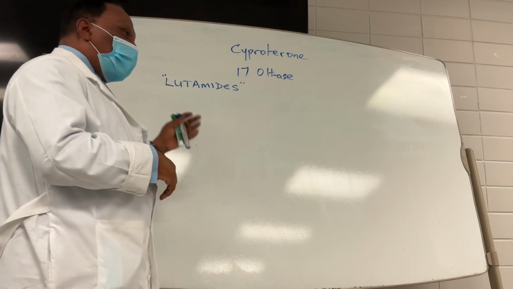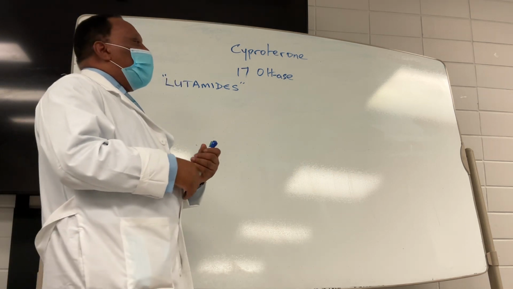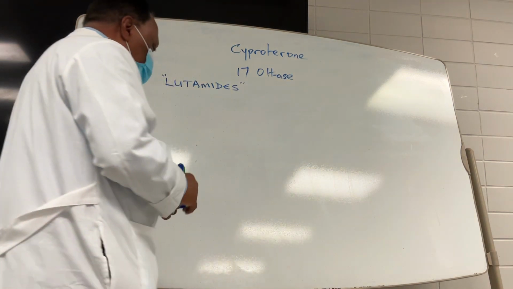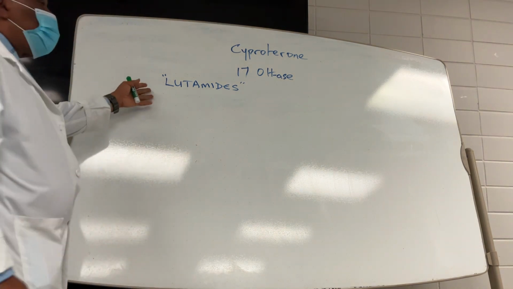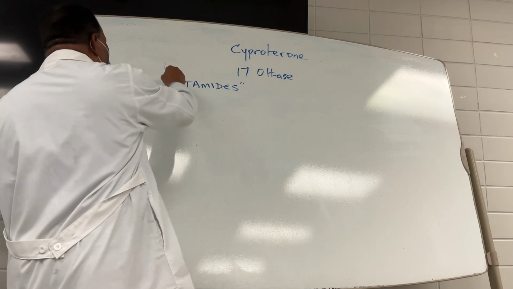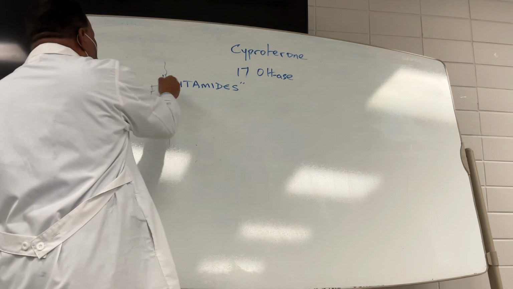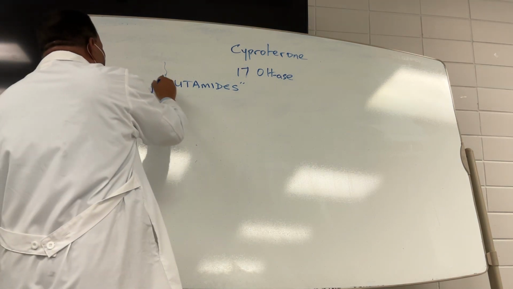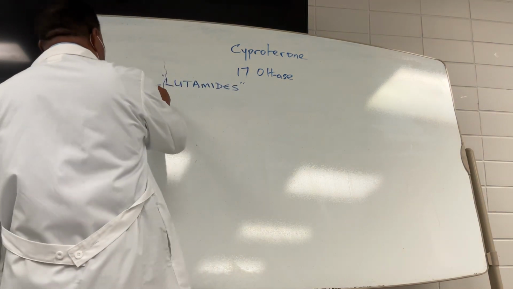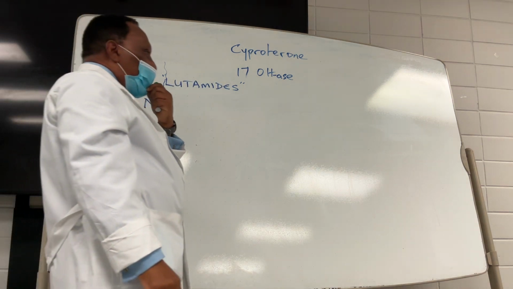Okay? So non-steroidal will be competitive antagonism, and of course, competitive antagonism can be reversed. And we call those agents the glutamides because you just have to add something to glutamide. For instance, if you add F, you get flutamide. Okay? If you add Ni, nilutamide.